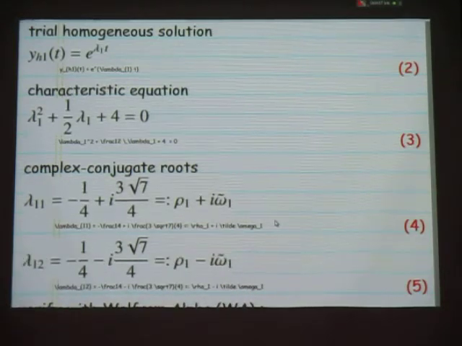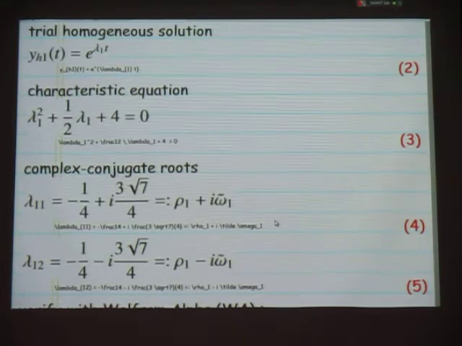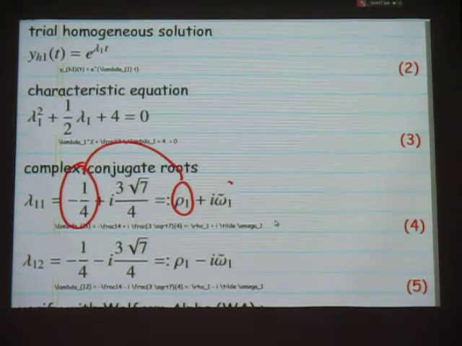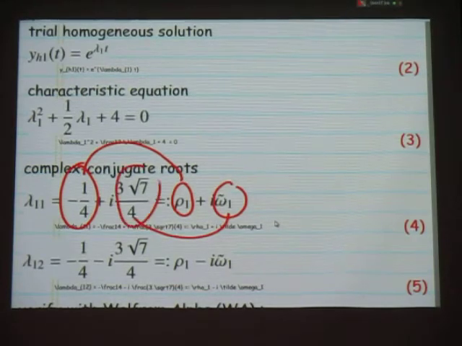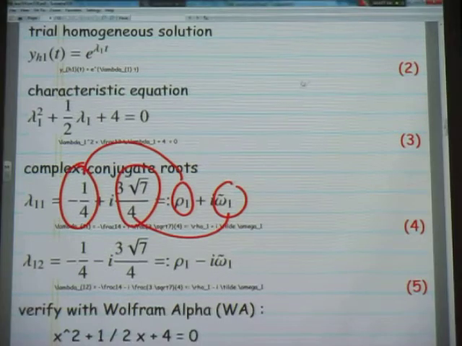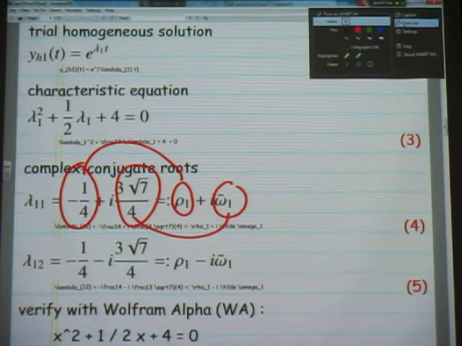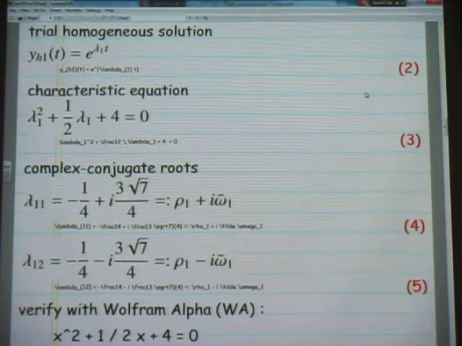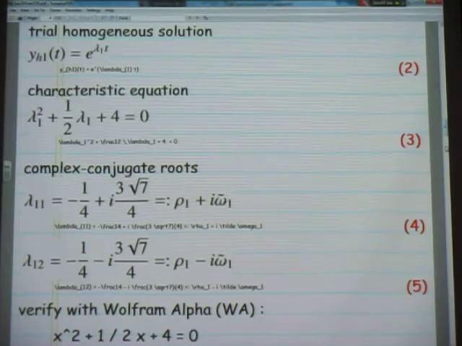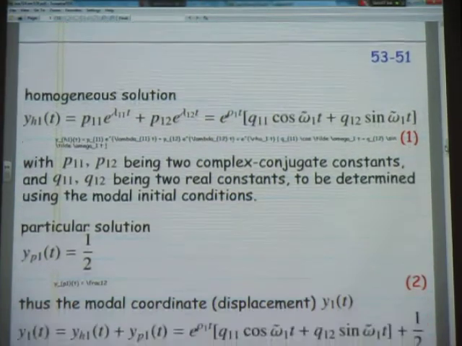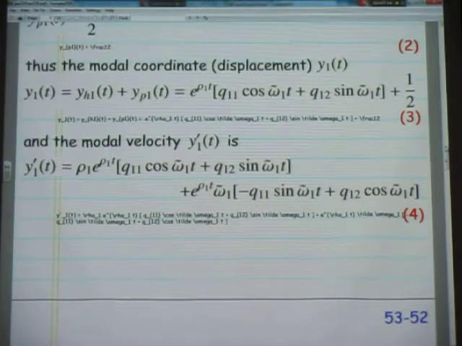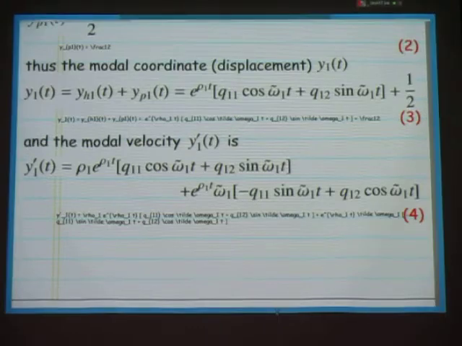So the two quantities, rho 1 and omega tilde 1, are already implicitly defined in these two expressions, okay? And later on, you need to use these, instead of writing 3 square root 7/4, that's too long, and I use the variable instead, and that's what you see here in the expression, the final, I just want to show the final result, and the final result is right here.